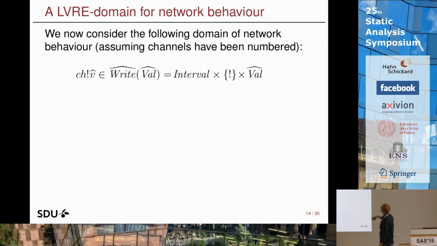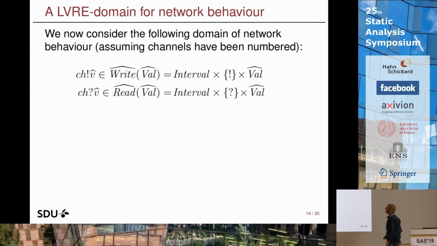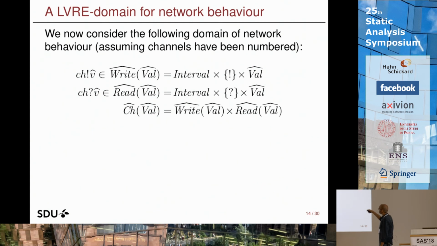So here we have val hat. Similarly for the read domain, we do the same thing. And then we do a Cartesian product of these two, and that will really be the channel domain, which we throw in as the parameter domain to the lattice-valued regular expressions.